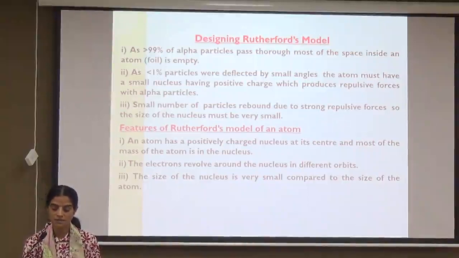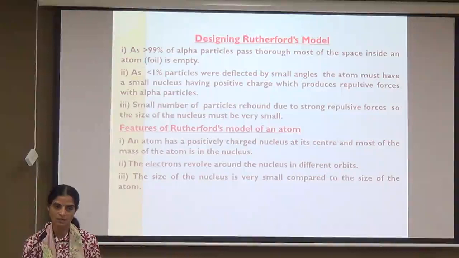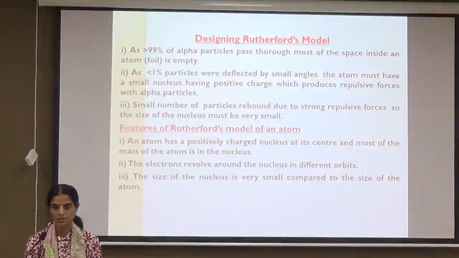As we saw, less than 1% of particles were deflected by small angles. The atom must have a small nucleus with a positive charge, which produces repulsive forces for alpha particles, as alpha particles were also positively charged and the nucleus also has positive charge, so forces of repulsion are created. A small number of particles, that is 1 out of 12,000, rebound due to strong repulsive forces experienced from the nucleus, and this states that the size of the nucleus is very small as compared to the size of the atom.